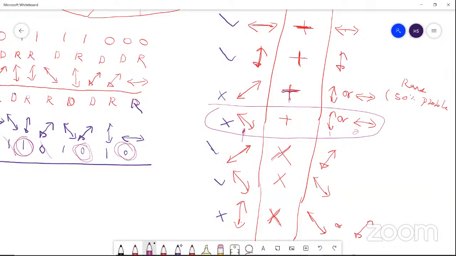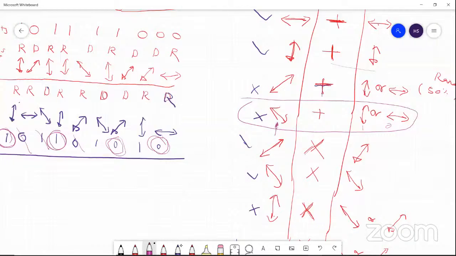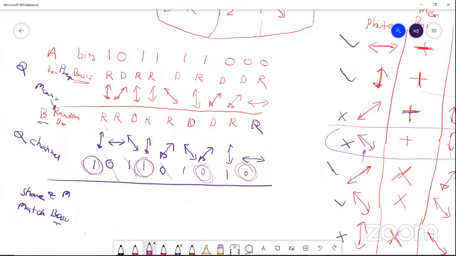Sometimes you are lucky that you get the same bit, but sometimes you may not be lucky, so you will get wrong information, and you are not sure. But whenever the prepared basis and measured basis are the same, you get the same information. So what you do in this protocol is, whenever bases are matching, you keep that information for your key. Others you discard.